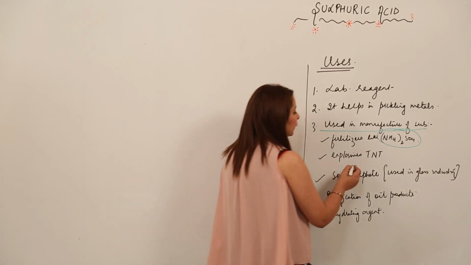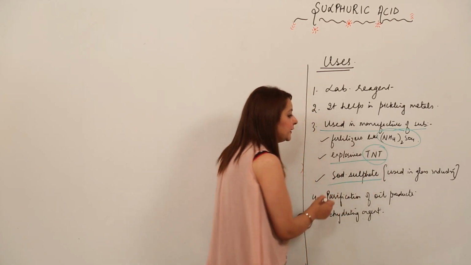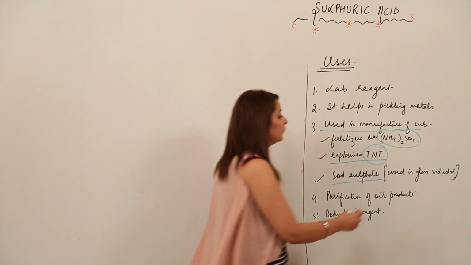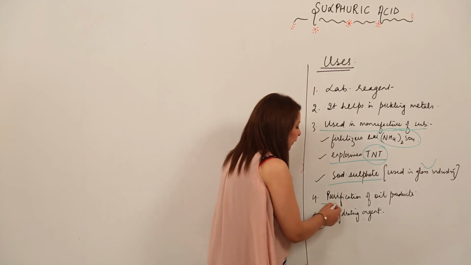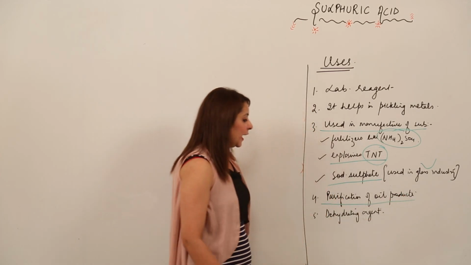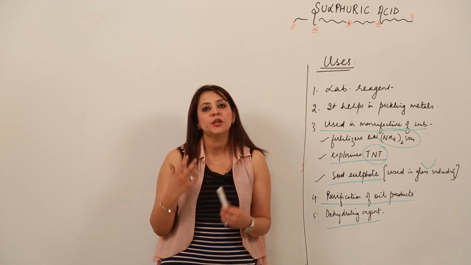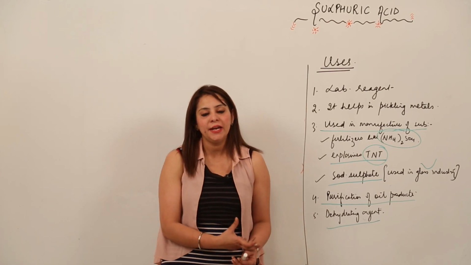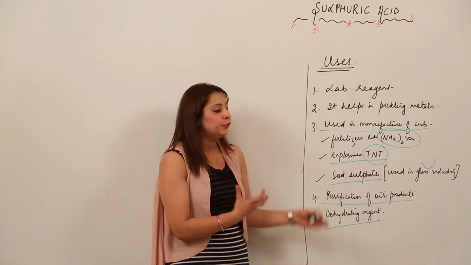It helps in the formation of explosives like TNT. It helps in the formation of sodium sulfate, which is used in glass manufacturing in the glass industry, and it is used in the purification of oil products. Moreover, as I told you, it is a dehydrating agent, so wherever dehydration is required, it is used as the dehydrating agent. So these are all the uses of sulfuric acid.